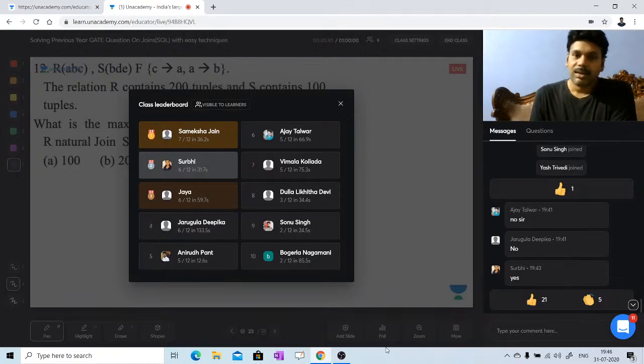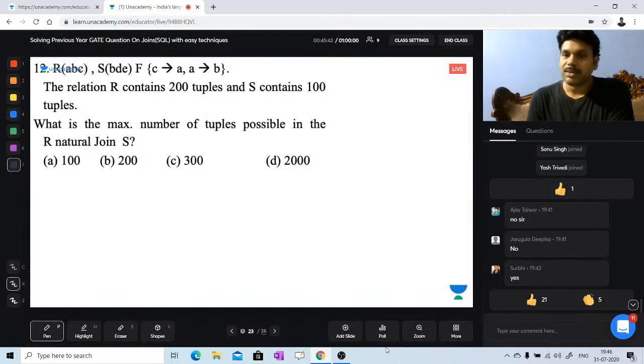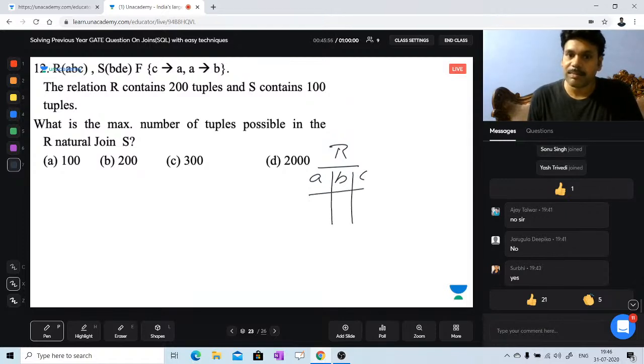Okay, now somebody has a doubt. Listen, so I want to put it like this. R consists of A, B, C and some tuples are inside, and S consists of B, D, E and some tuples are inside. R has 200 rows, S has 100 rows.